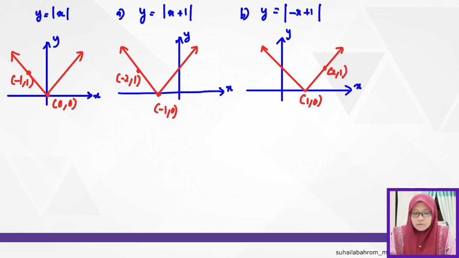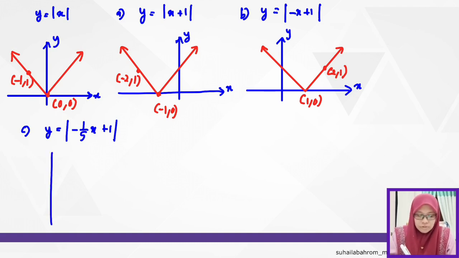The next transformation, part C, is stretched horizontally by a factor of 5. Therefore, our function y is equivalent to the modulus of negative 1 over 5 x plus 1. When we sketch the graph, which coordinate will change?